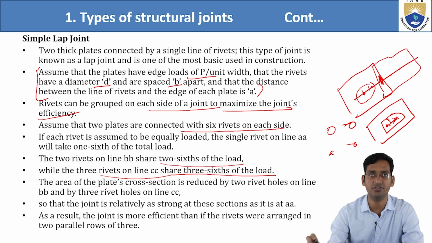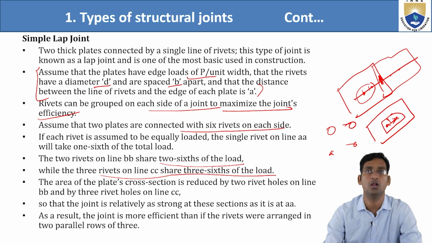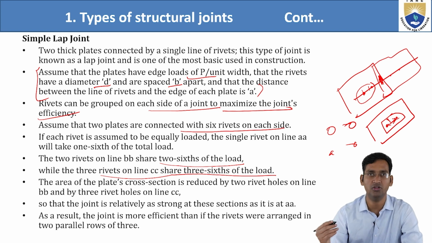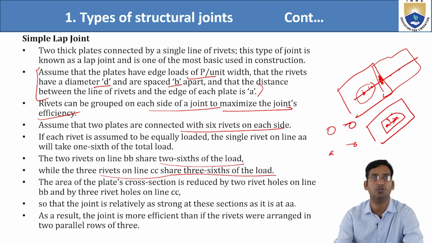The cross-sectional area of the plate is reduced by 2 rivet holes on line BB and by 3 rivet holes on line CC, so the joint is relatively as strong at these sections as it is at AA. AA shares only 1/6 of the load, BB shares 2/6, and CC shares 3/6.